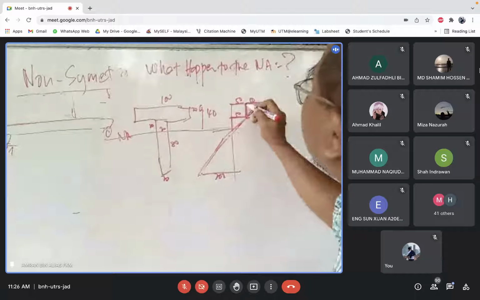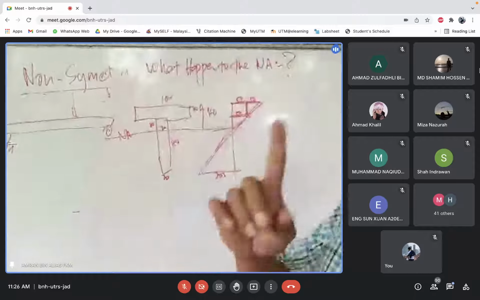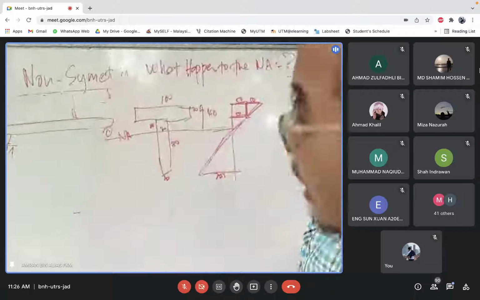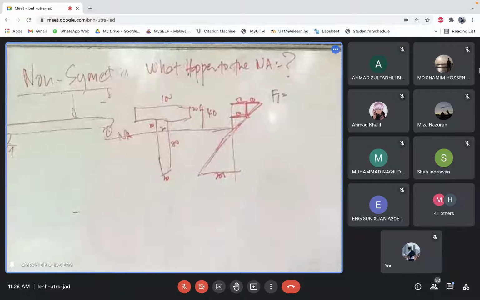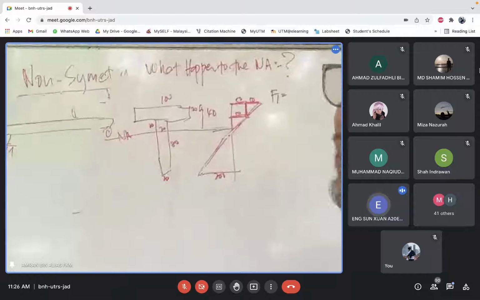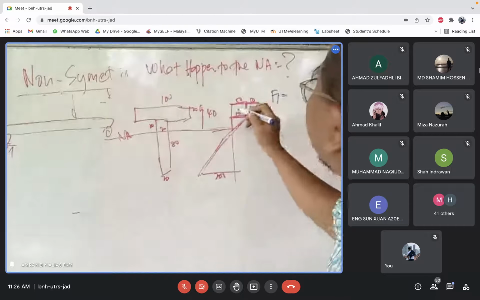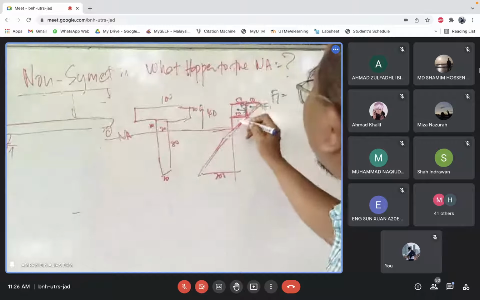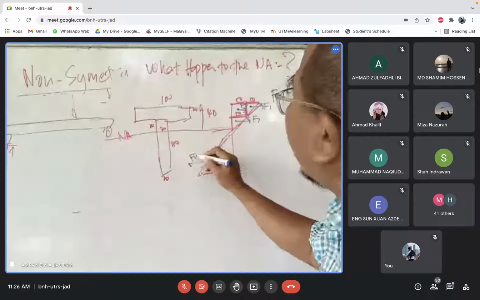We have 50 and 0, 50 and 50. So we want to find out what is F1, F2, F3. Okay, what is F1? Sigma average times area. This is F1 here, and then F2 there, F3 there, and then F4 there.